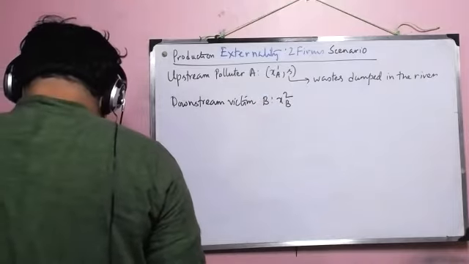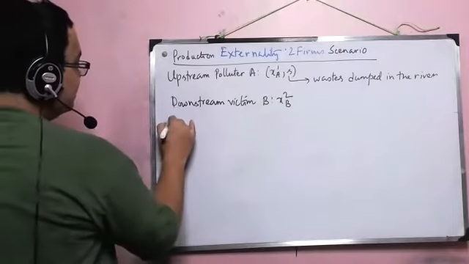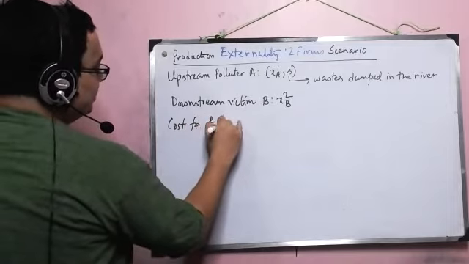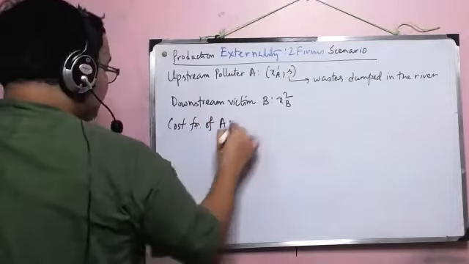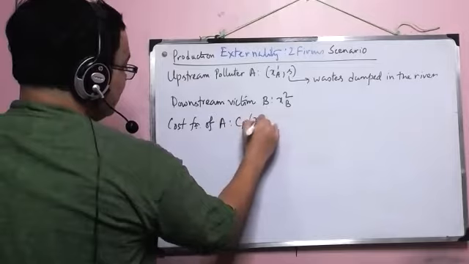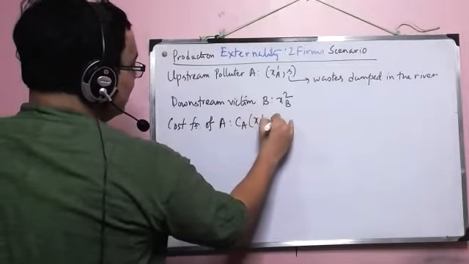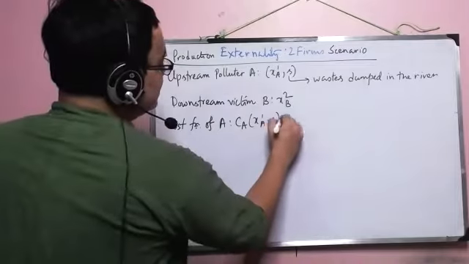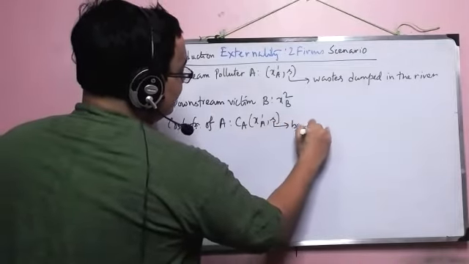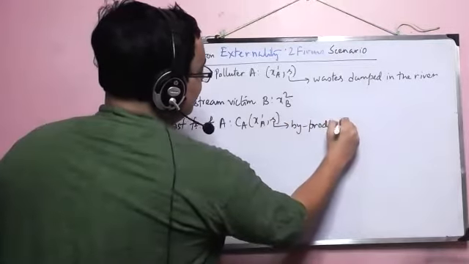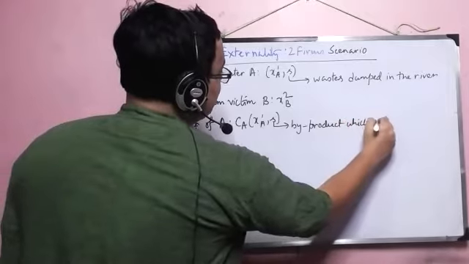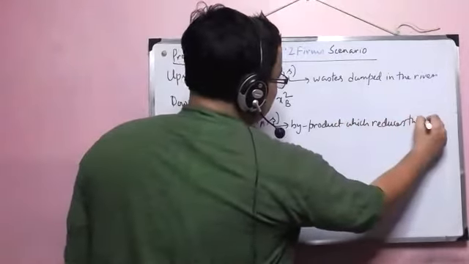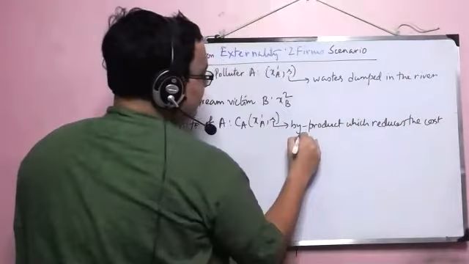The cost function of A will be CA of XA1 and S. We include S because this S is a byproduct, a byproduct which reduces the cost of producing XA1 by A.